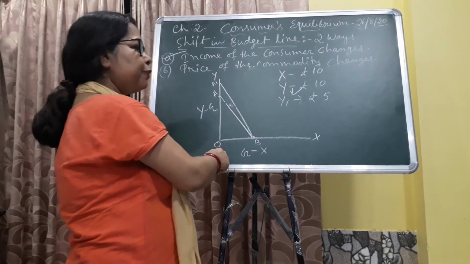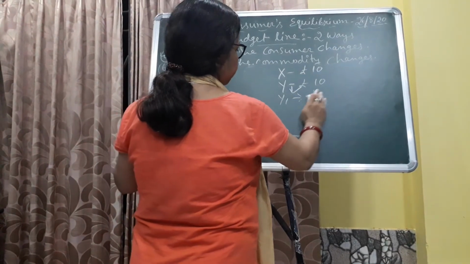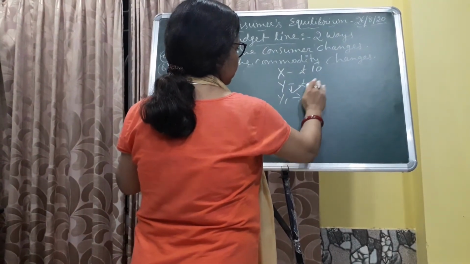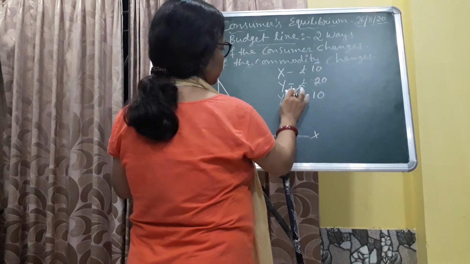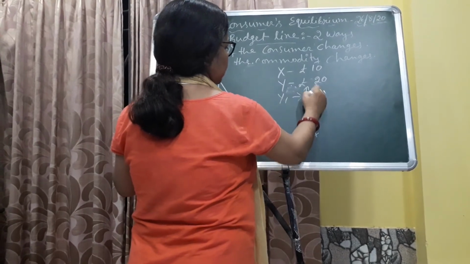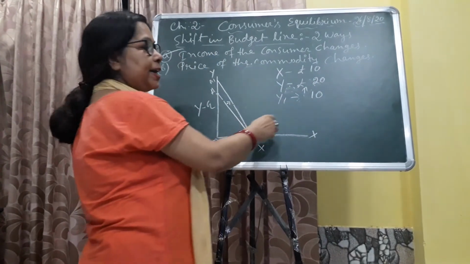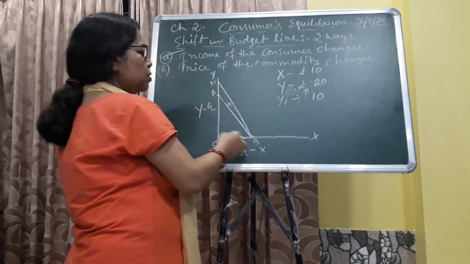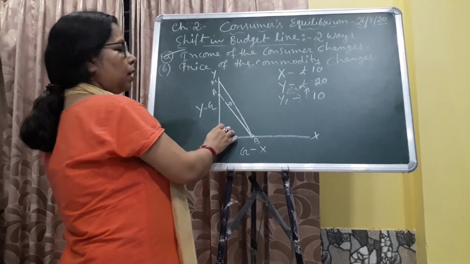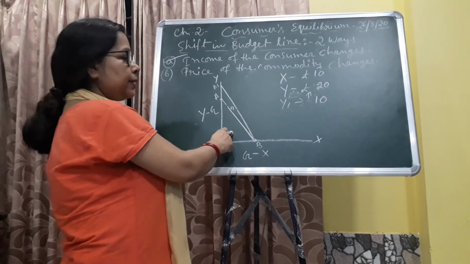Now next, if the price of Y increases from 10 to 20, the demand for Y decreases.